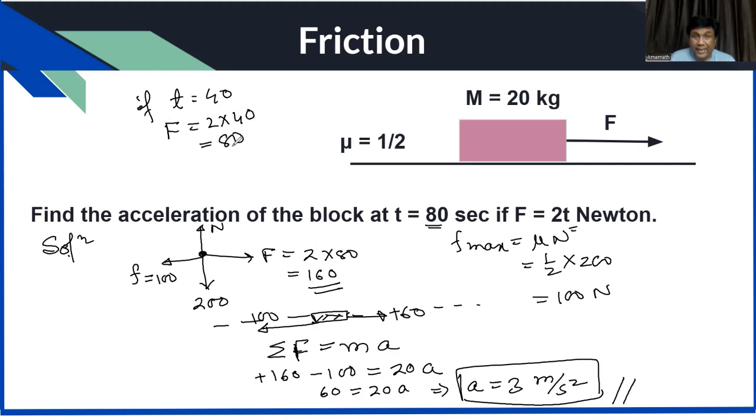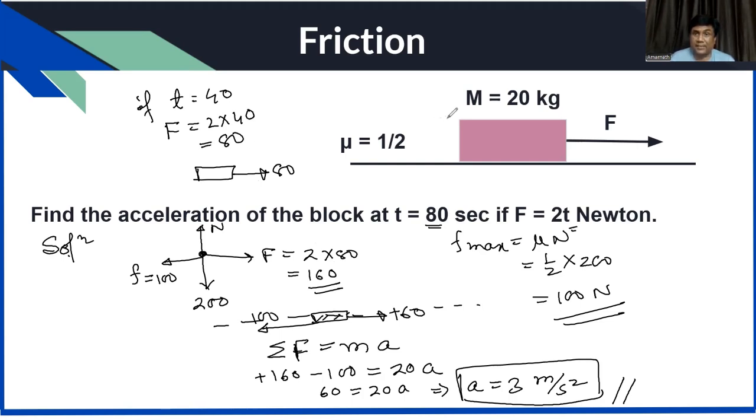So it means the applied force will be 80 at that moment, okay? When time is 40 seconds, at that moment the applied force will be 80, okay? But frictional force can be up to 100.